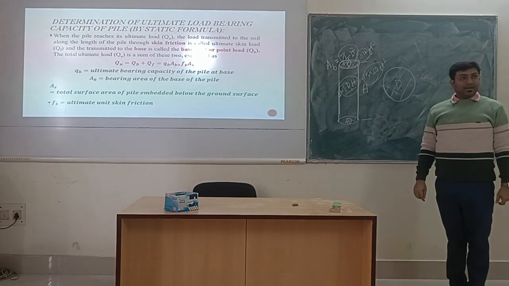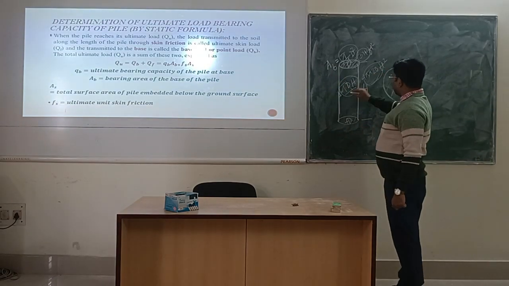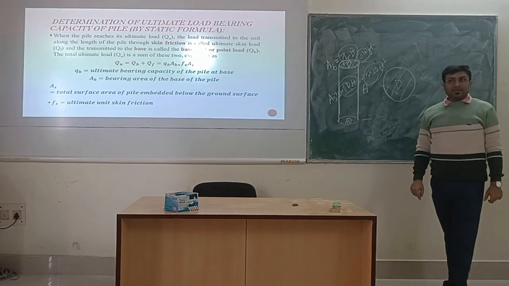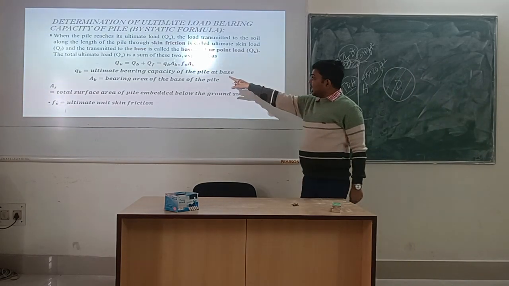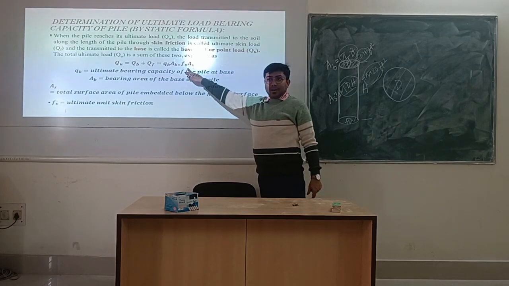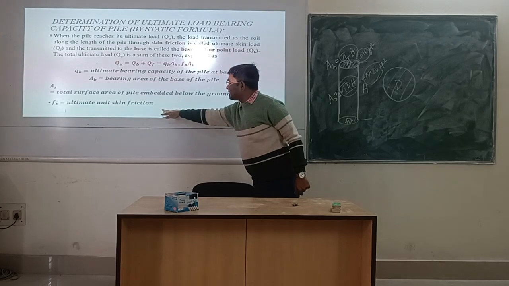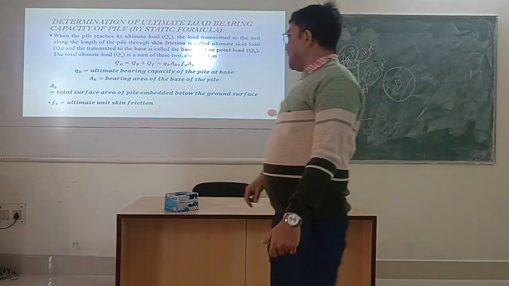Is that okay? And AS is this part. This is the AS, area of the shaft. That AS is coming with the skin friction part, and fs is the ultimate unit skin friction.